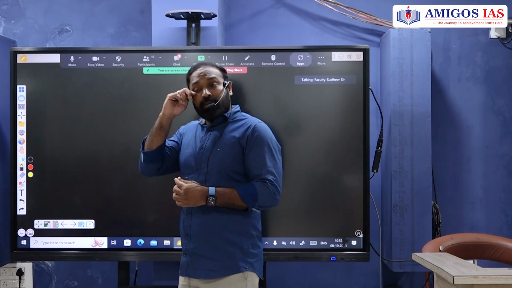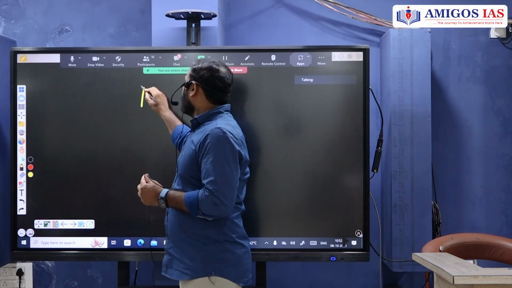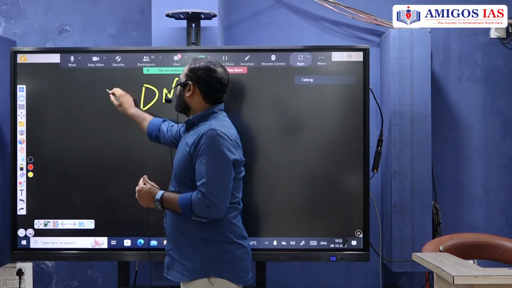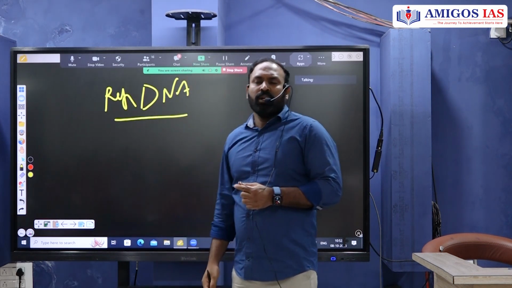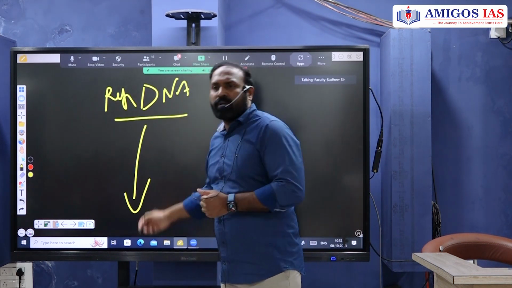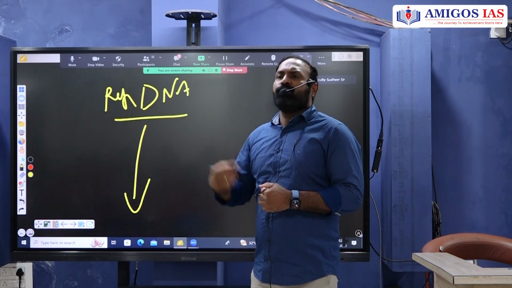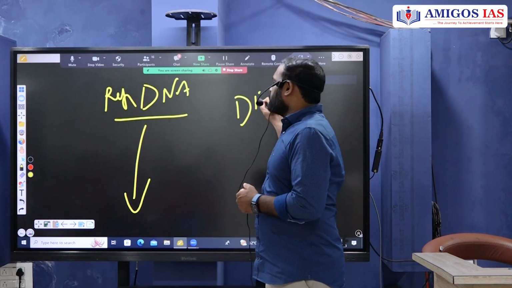Let us consider an example. I am asking you to write about the replication of DNA. No matter how lengthy the content you write, you need to draw the diagram.